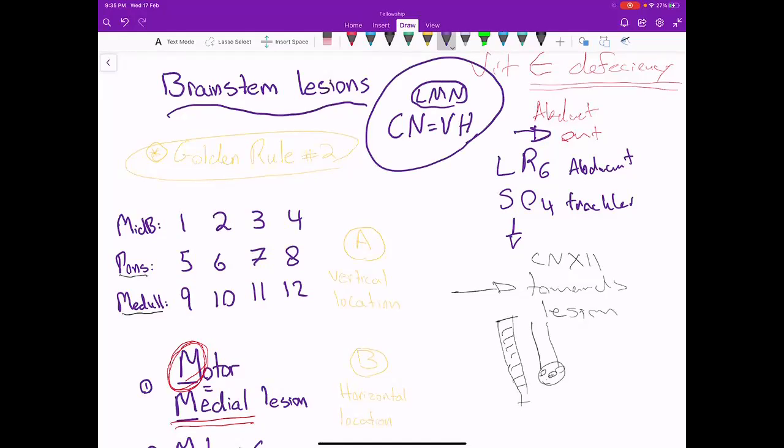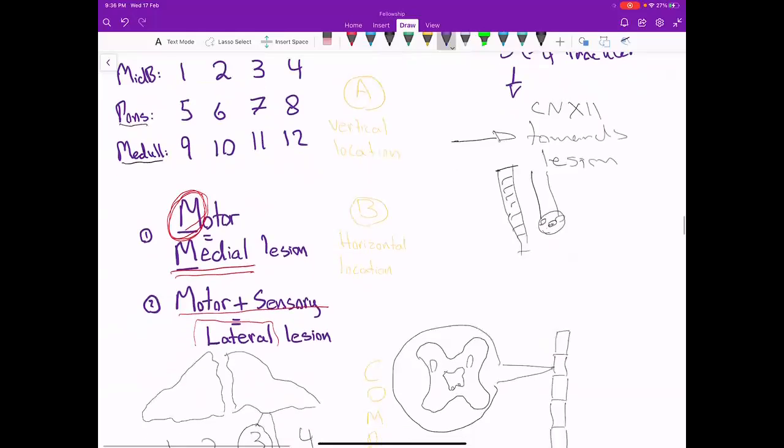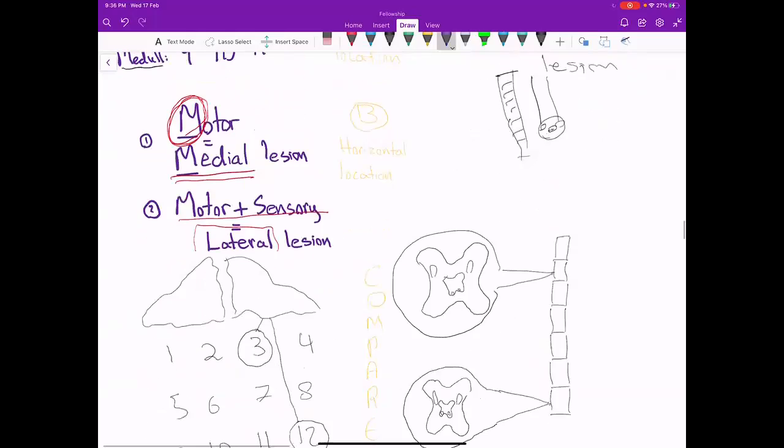So the cranial nerves themselves, if you damage them at their respective location, so 9, 10, 11, 12 in the medulla, 5, 6, 7, 8 at the pons, and to be specific, 6, 7, 8 at the junction of the pons and the medulla, and 3 and 4 in the midbrain. If you damage them at their respective levels, isolated damages, they will be ipsilateral and they will be lower motor neurons. Why am I saying all of this? Let's look over here.